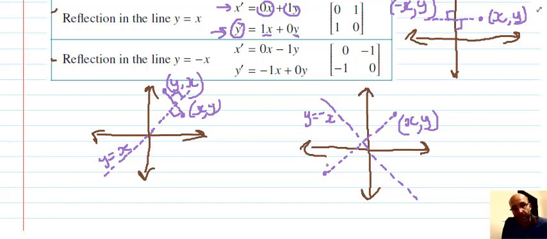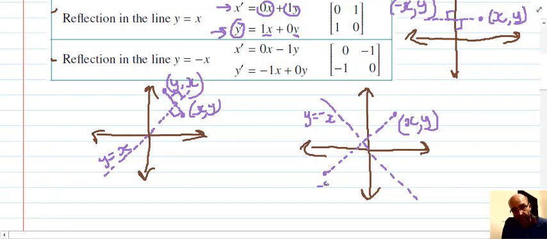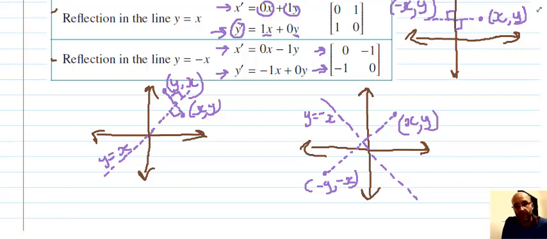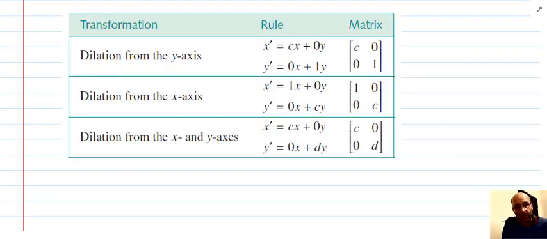That will yield the mapping negative y comma negative x. So you can see how the matrix is derived from the equations as shown there, and we have the same matrix as above, except it has negative ones on that diagonal.